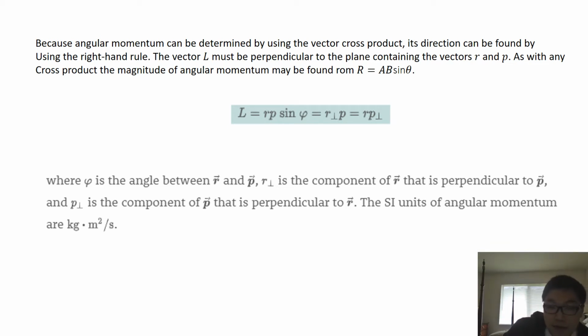The SI units of angular momentum are kilograms times meter squared per second.